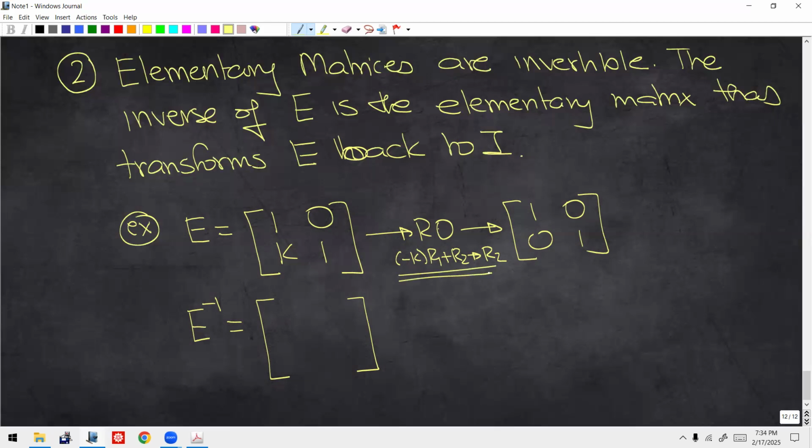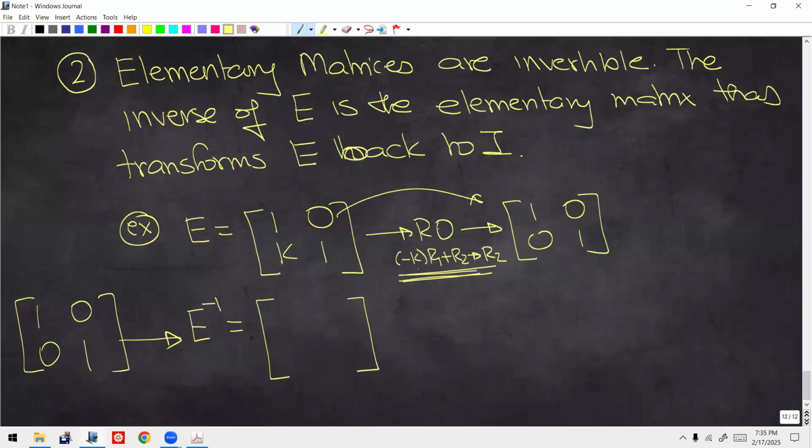We're not performing the row operation on this one. We perform this row operation on the identity, because this row operation will change this matrix to an identity. So we get 1, 0, negative K, 1. This is the inverse of this matrix.